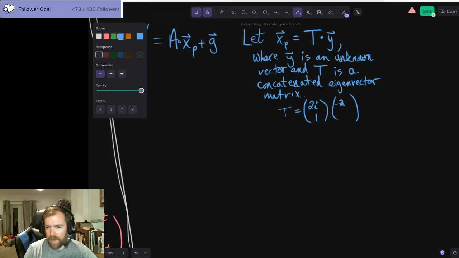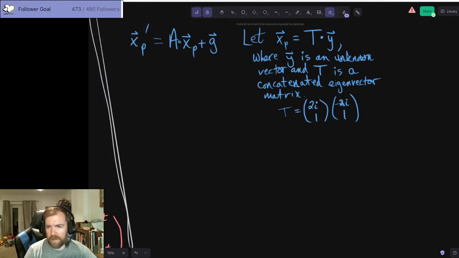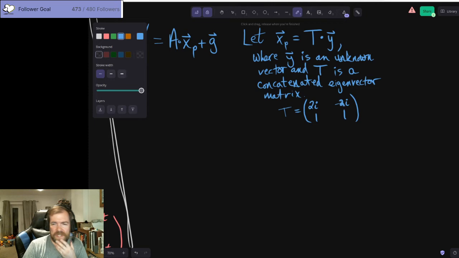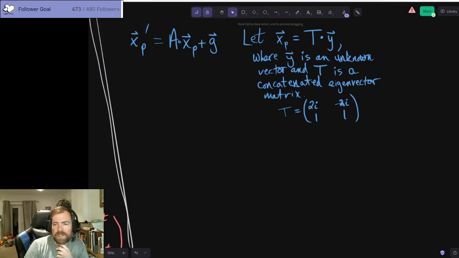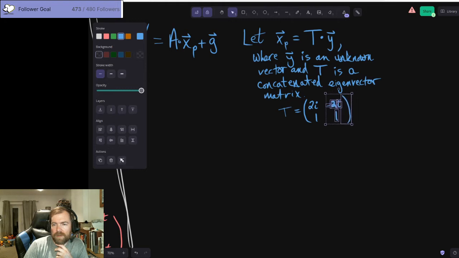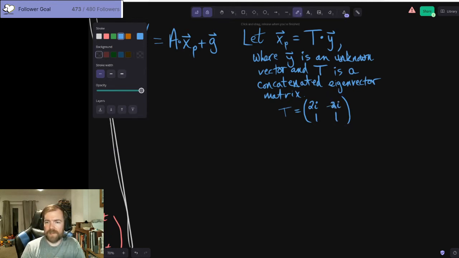I'm only doing it by hand because Mr. Pez here absolutely loves doing stuff by hand. Gotta show how it works first. So instead of listing our eigenvectors as two separate things, we're just going to bring them together, snap them together like magnets, and say, there's our T matrix. So 2i, negative 2i, 1, 1.